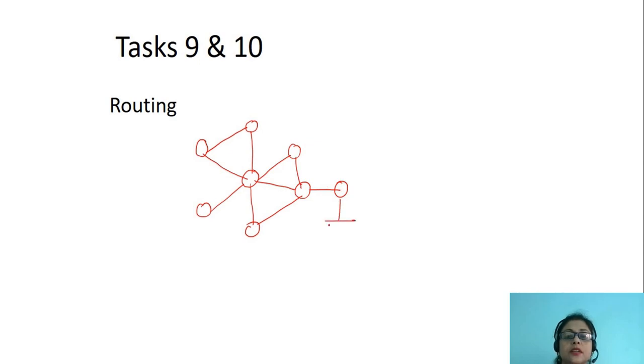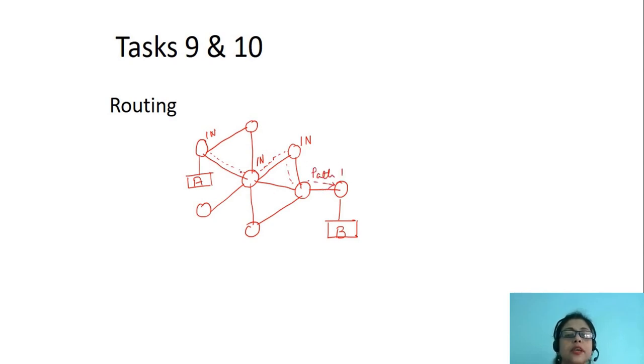Now there is an end station B and also an end station A. When end station A wants to send a packet to end station B, these are all the intermediate nodes. Their responsibility is to pass the data following a definite path. So A can take this path and reach B. So this is path number 1.